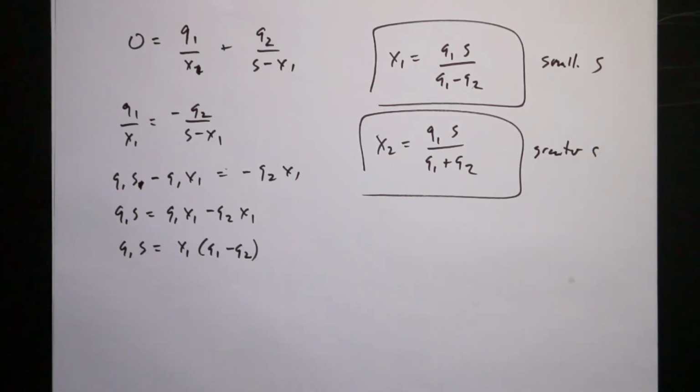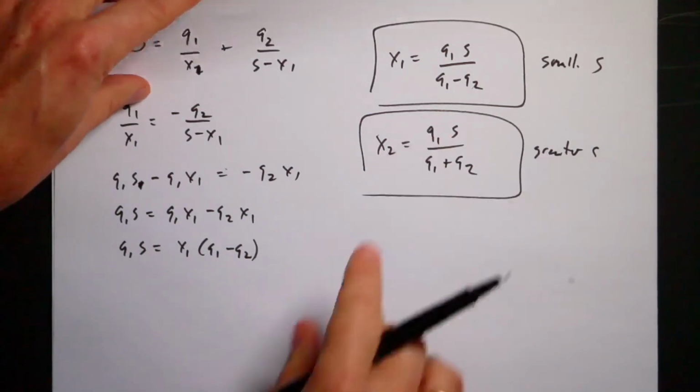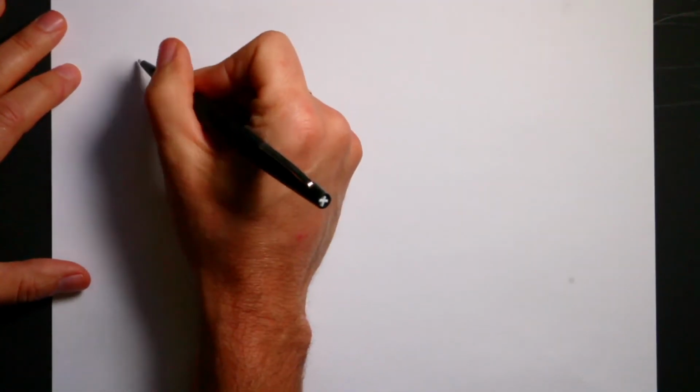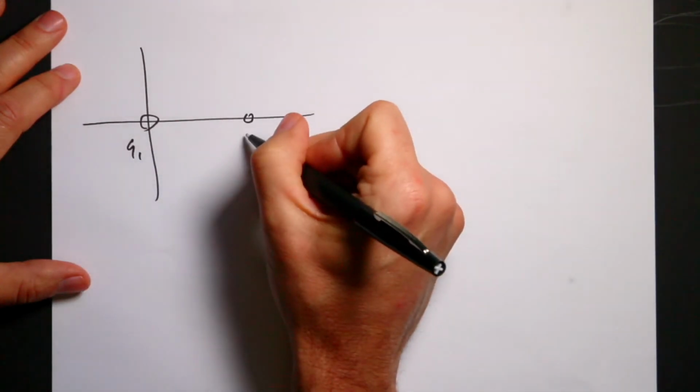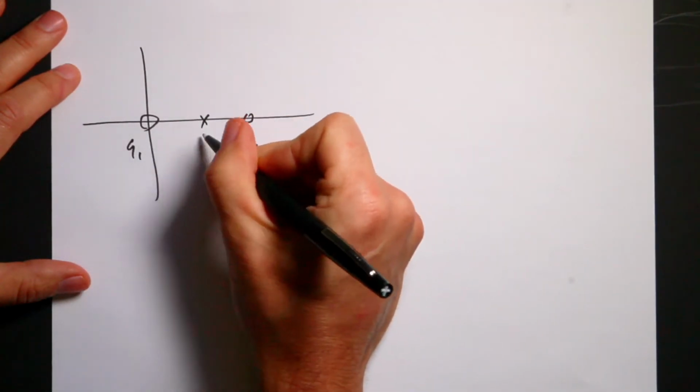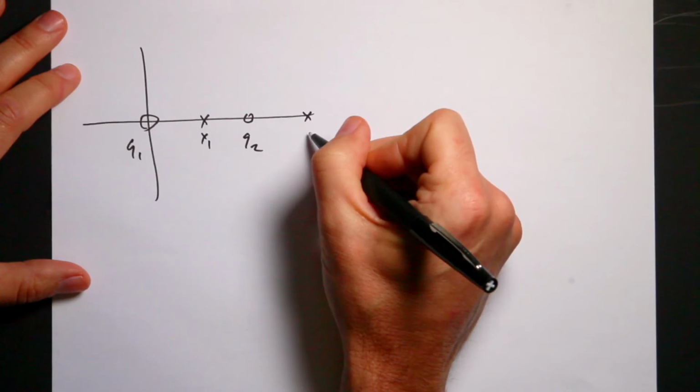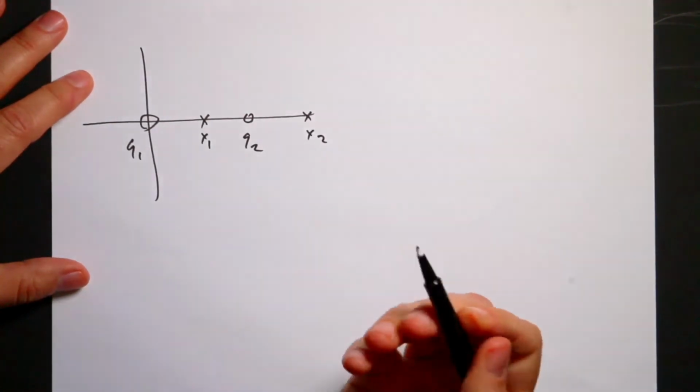Great. Now, what about all the other infinite number of points where the potential is 0? We're going to need those 2 in just a second, though. Okay, so let's go back over here. Here's q1. Here's q2. There's x1. And there's x2. But what about the other points, right?